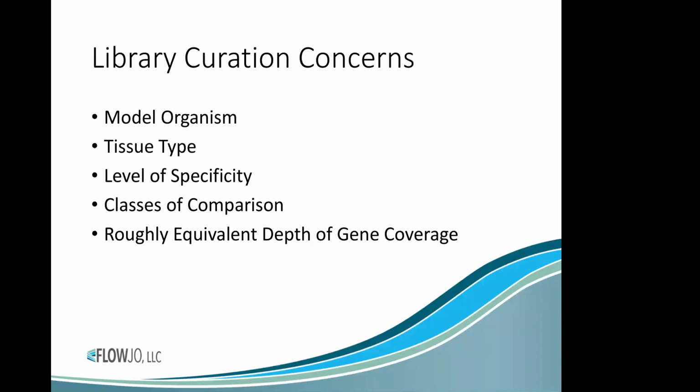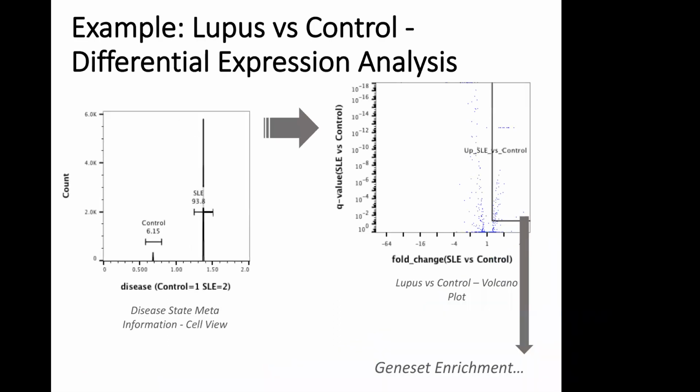The classes of comparisons should be the same. So you want to be looking at similar comparisons, and you want a roughly equivalent depth of gene coverage. So if I have one gene set that describes my naive B cells and it's thousands of genes long, then I don't want my memory gene set to only be a handful of genes. That would be an inappropriate depth of coverage for memory B cells in that case, relative to our naive B cells.